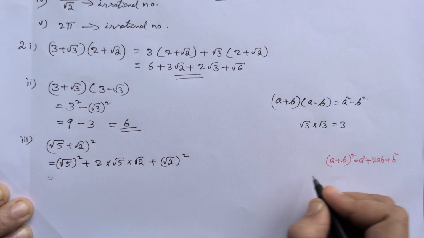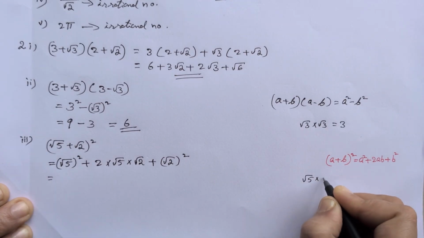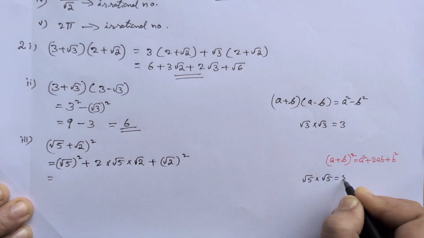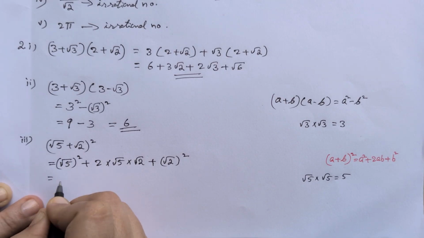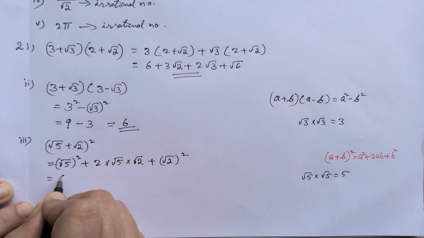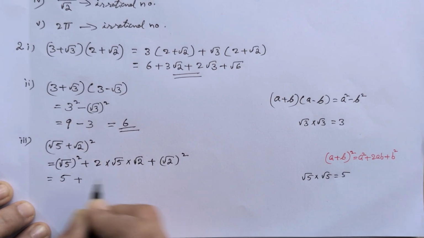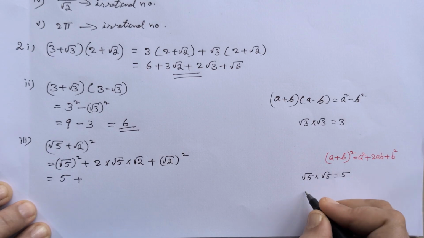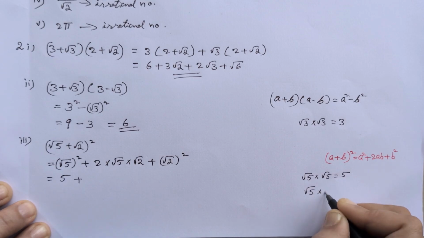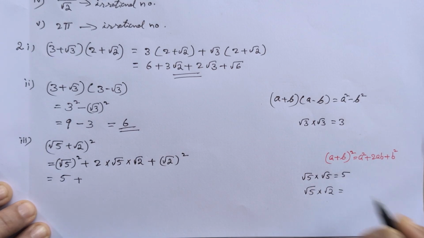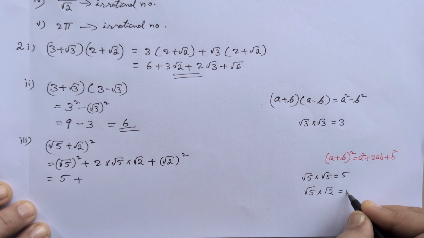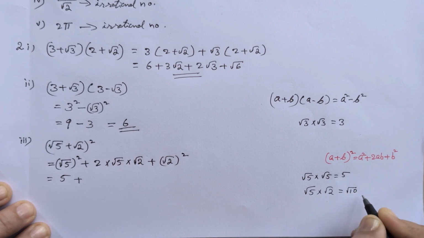We know that root 5 into root 5 will become 5 itself. So we can write root 5 square as 5 plus root 5 into root 2. Root 5 into root 2, both under the square root, so we can write that as root 10. 5 into 2 is 10.